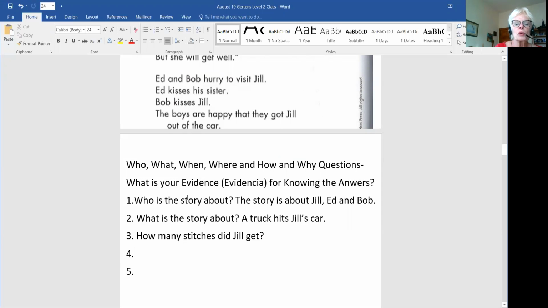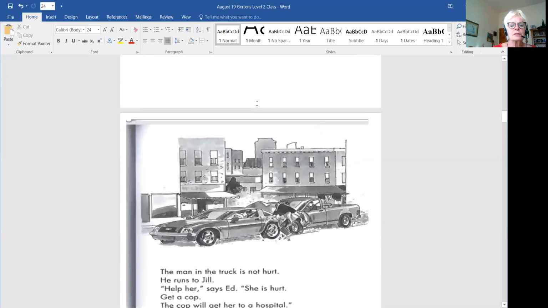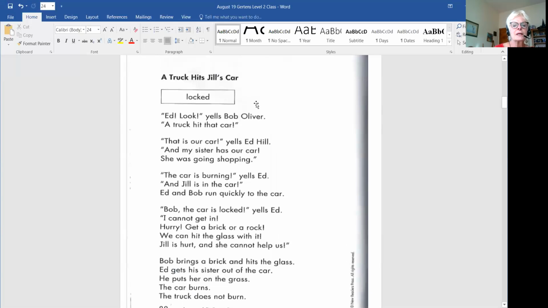Who is the story about? We know the story is about Jill, Ed, and Bob. What is our evidence? If we look back in the story, we can see Ed, Bob, and Sister Jill.